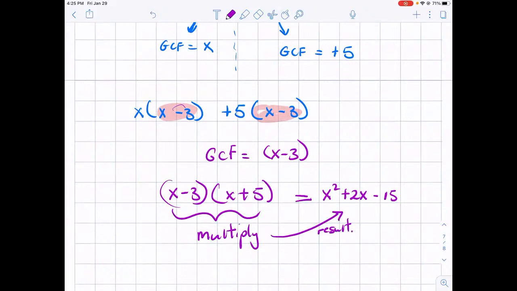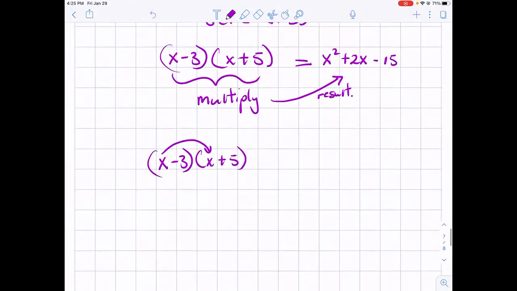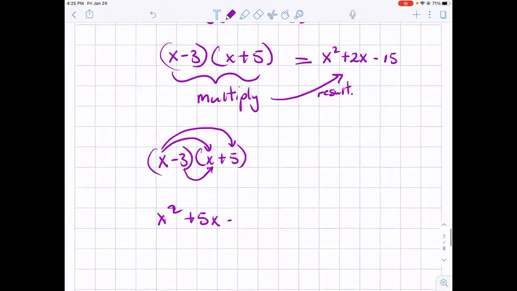You can try that. Yeah, let's try it. x minus 3 times x plus 5. x times x becomes x squared. x times a positive 5 becomes plus 5x. Now we move to the negative 3. Negative 3 times x becomes negative 3x.